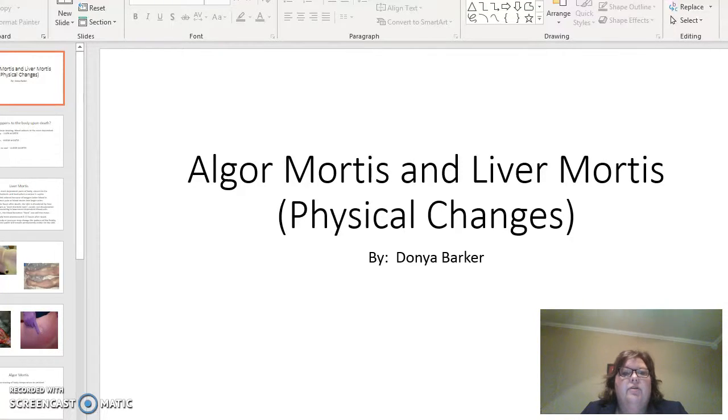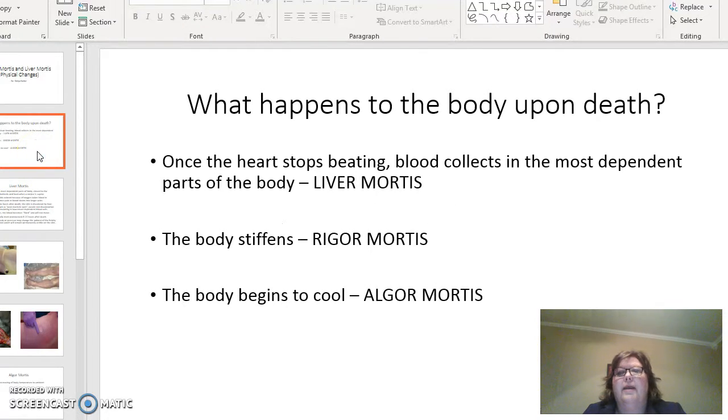Today I'm going to talk to you about two physical changes, algor mortis and livor mortis. Both of these are physical changes that occur whenever the body is deceased. Once the heart stops beating, the blood collects in the most dependent parts of the body, and this is known as livor mortis.